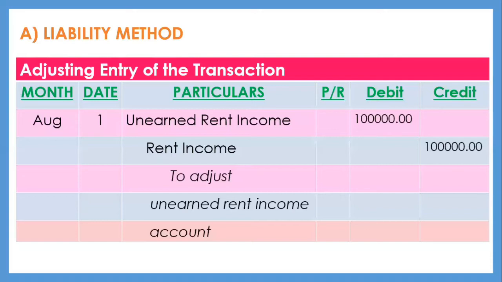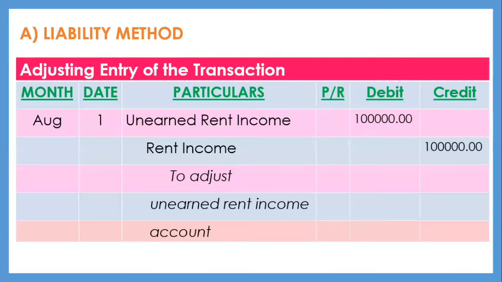In our example, using the liability method, we will be debiting unearned rent income amounting to 100,000 pesos. And rent income should be credited amounting to 100,000 pesos. And the brief description would be to adjust the unearned rent income account. So what about if we make use of the income method?